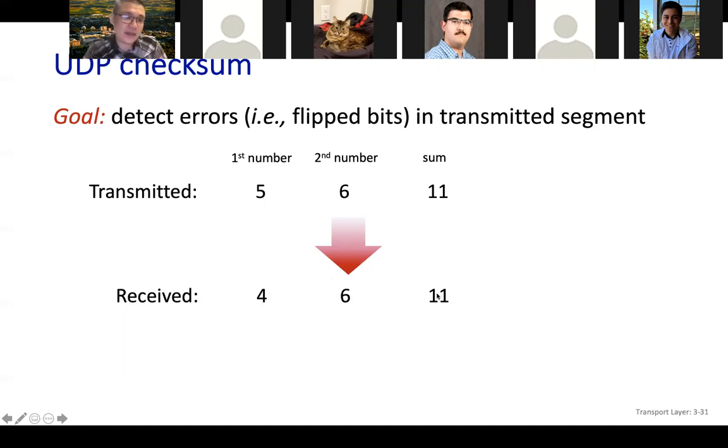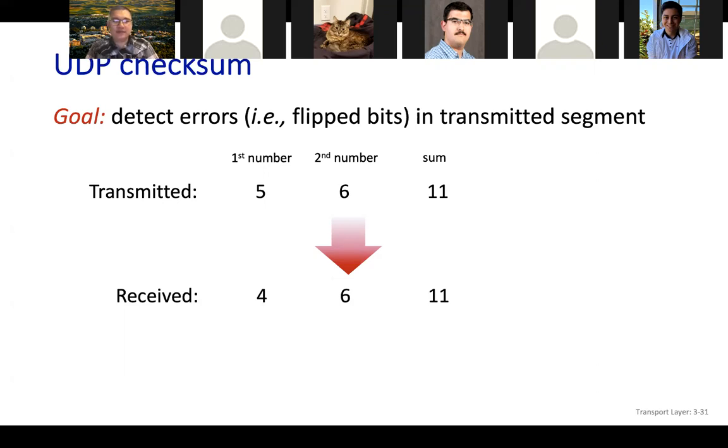But if the checksum has some problem, what can we do, right? This is a question we will talk about later. But now we assume that the checksum, this sum, would always be correct. So this sum would help you know if there is something wrong with the values themselves, right?